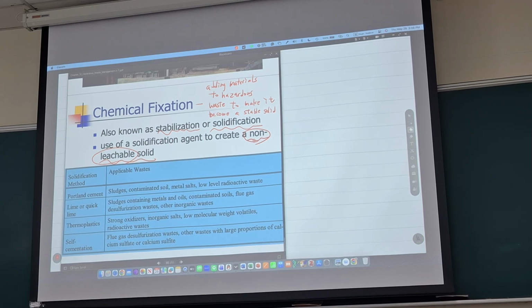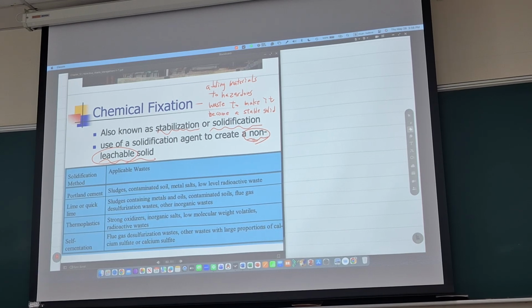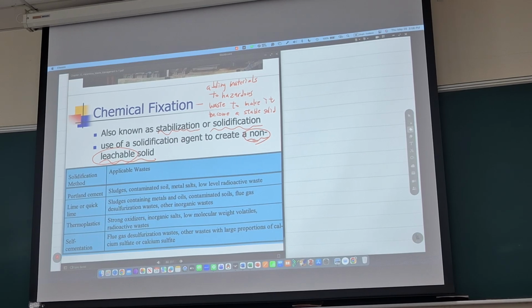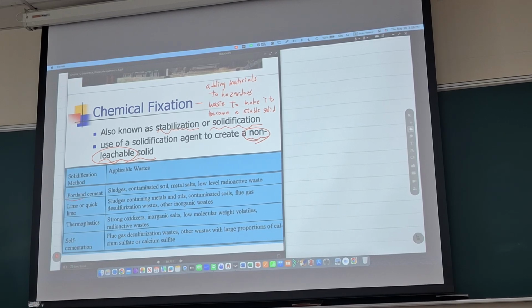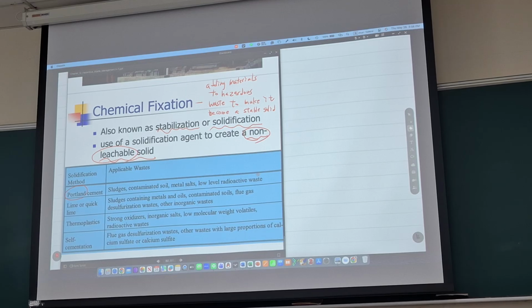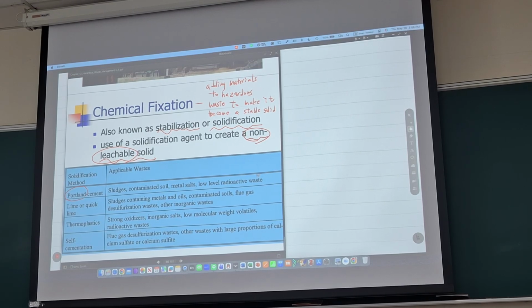So we want to make it a non-leaching solid. There are some methods, for example, Portland cement, which is good for things like sludge that contains salt.